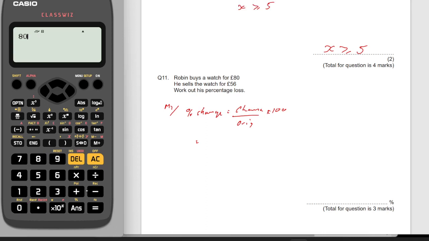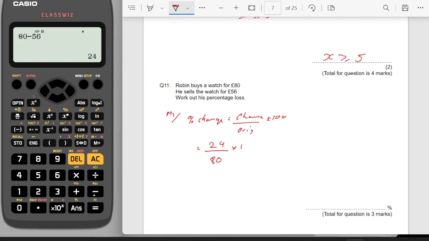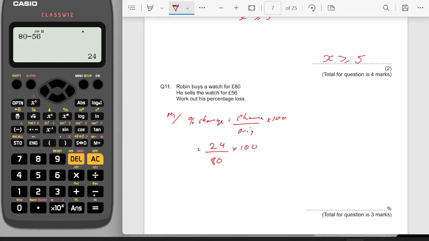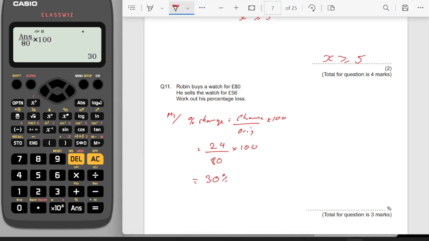So 80 minus 56 will give me the change. So the price has changed by £24. The original price was 80, and I want to times that by 100. So that's going to give me that value over 80 times by 100. It's going to give me 30. So that's the percentage change, 30%.